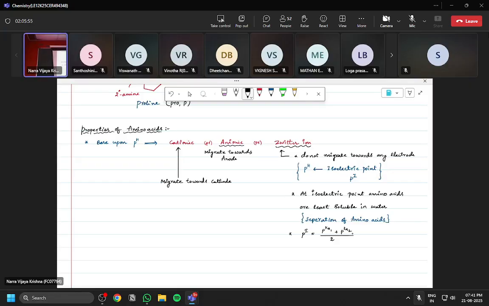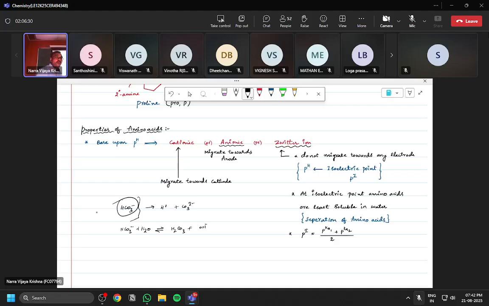Example: sodium bicarbonate, NaHCO3. If I dissolve it in water, it forms HCO3 minus, correct? What type of ion is HCO3 minus? It can give H plus. It gives H plus and forms CO3 2 minus. At the same time, it can take H plus also to form H2CO3 and OH minus. It is capable of giving H plus and capable of absorbing H plus.